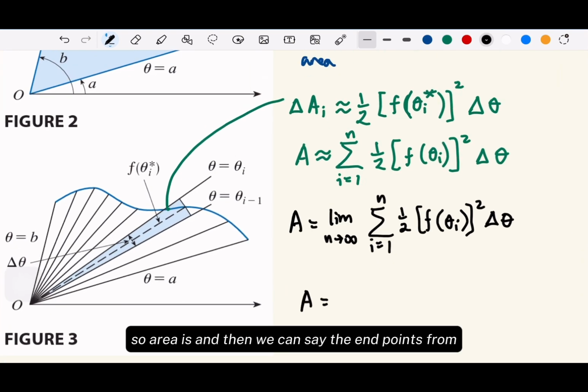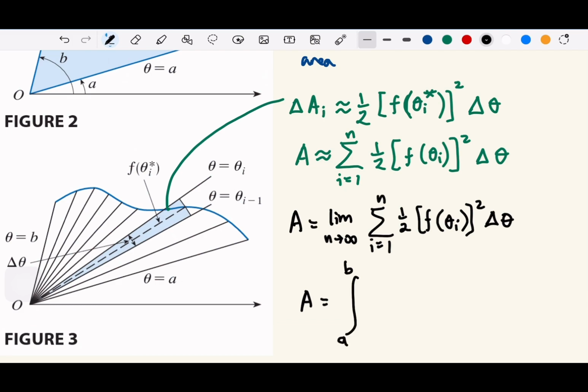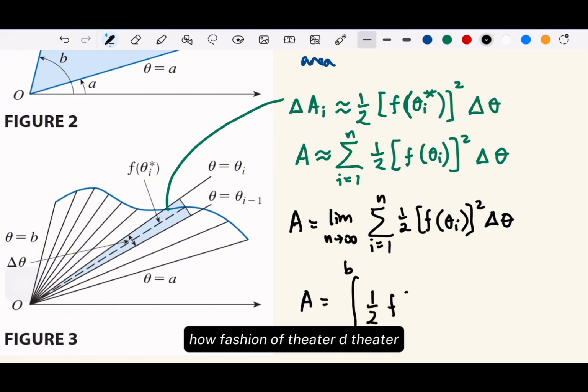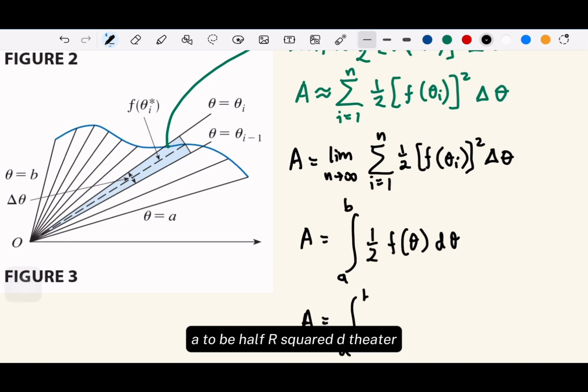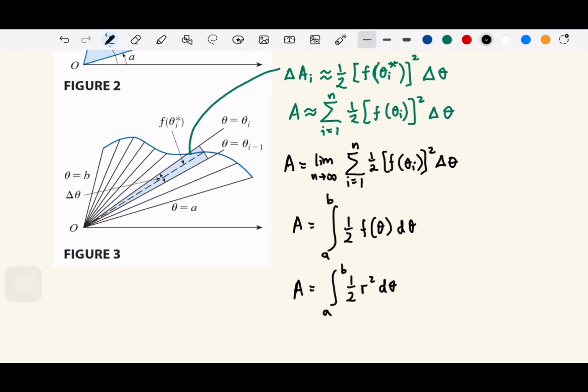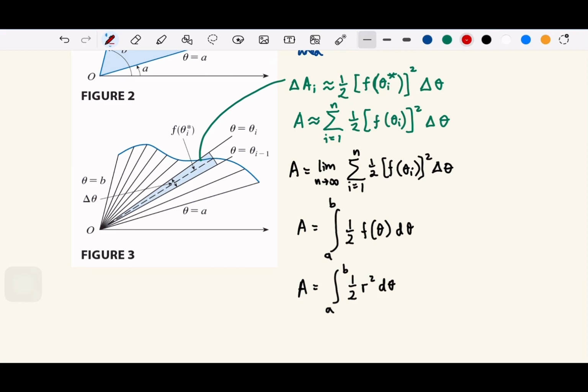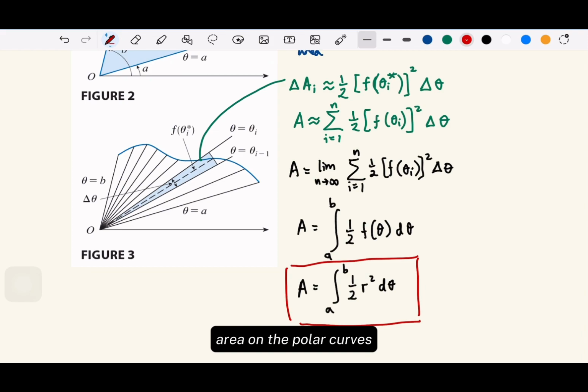So the area is, and then we can say the endpoints from the first interval a to the end of the interval b, half f of theta squared d theta. Or in another way, we could simplify this, becoming the integral from a to b of half r squared d theta. And that is the area on the polar curves.